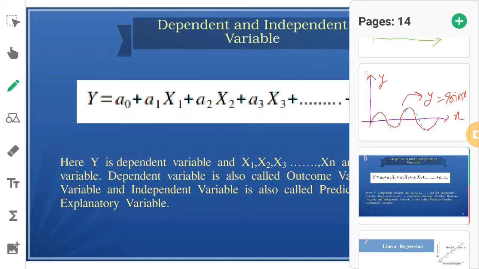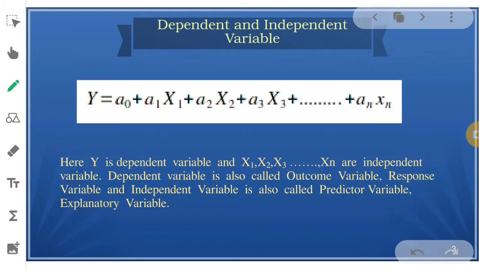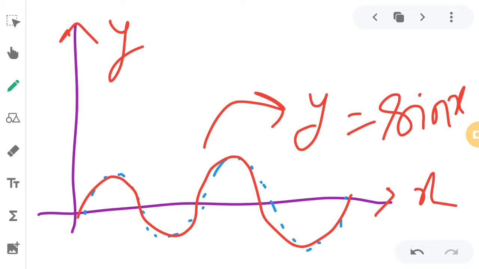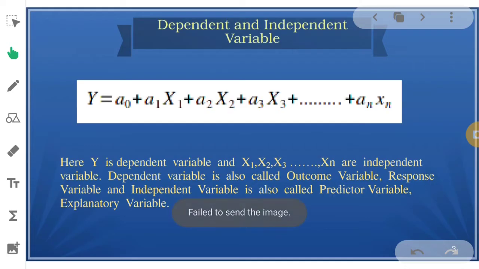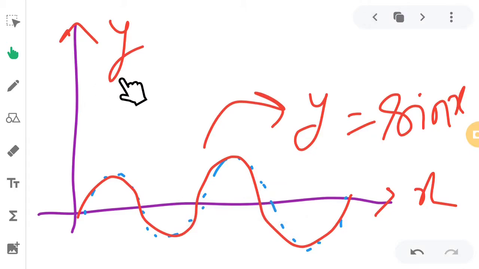Now, what is dependent and independent variable? Here, x is the independent variable and y is the dependent variable, because the value of y is dependent on the value of x.